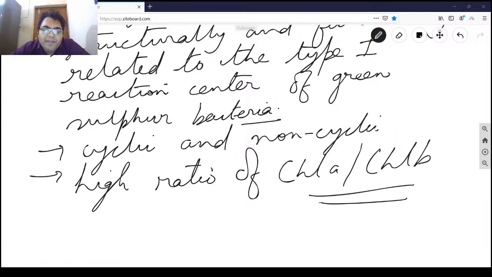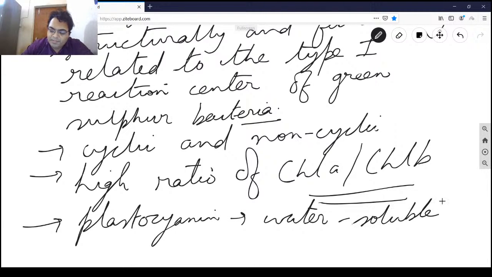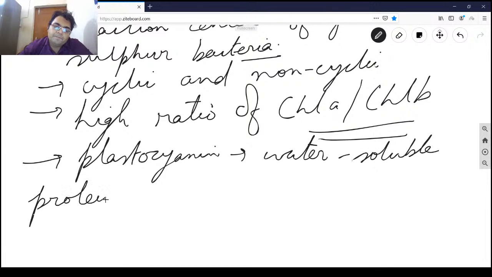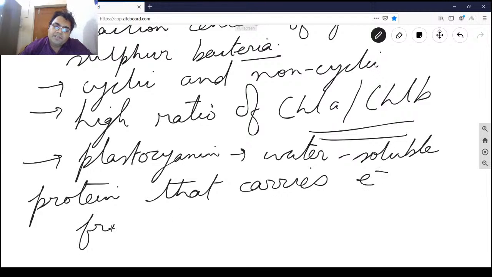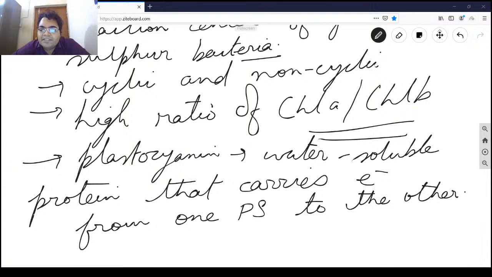Again, electrons are carried between the two photosystems, as I have told you in the last class also, by the soluble protein known as plastocyanin, a water-soluble protein that carries electrons from one photosystem to the other.